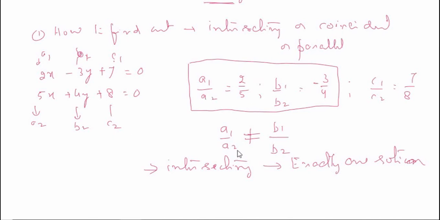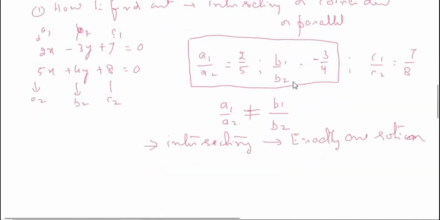If a1 by a2 is not equal to b1 by b2, the lines are intersecting and we will have exactly one solution. Let us take one more example.